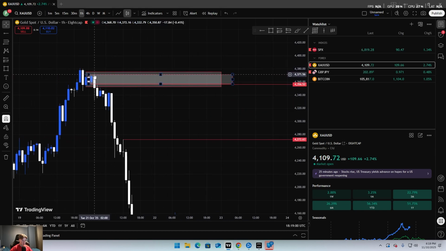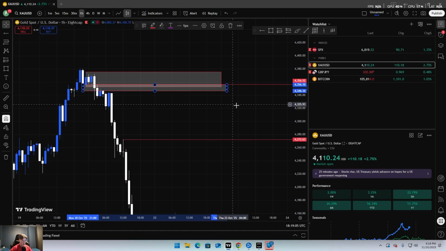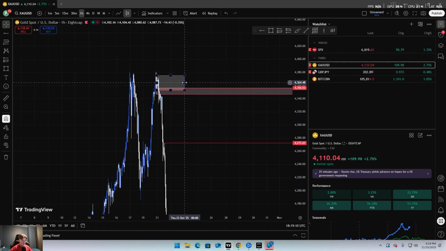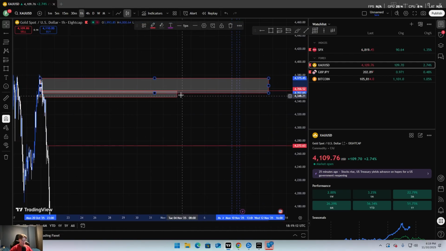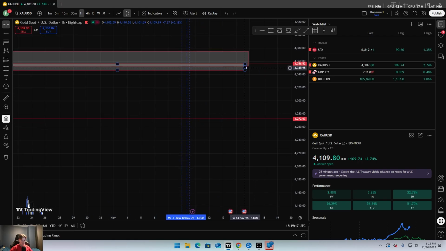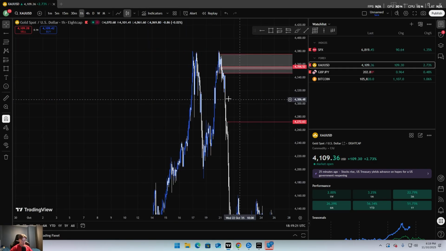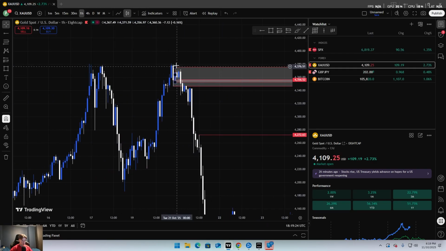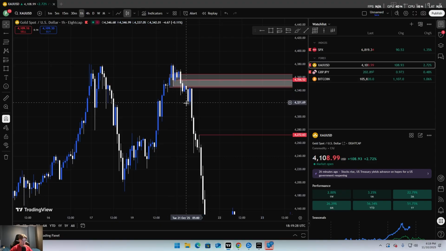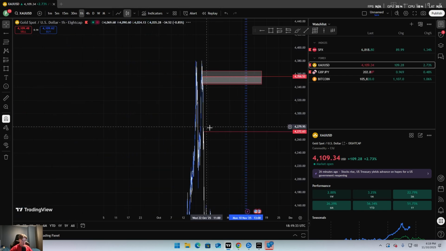Let's be more careful with marking over here. Don't mind me. We're marking an order block and breaker block over here, and we will see how that goes. I could just be marking that one. Yeah, let's do that. That's a breaker block and that's the order block.